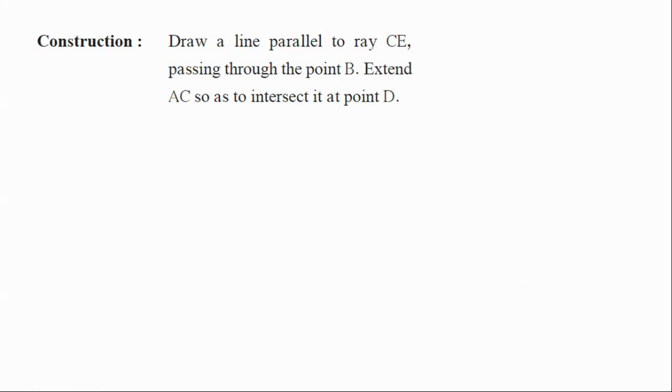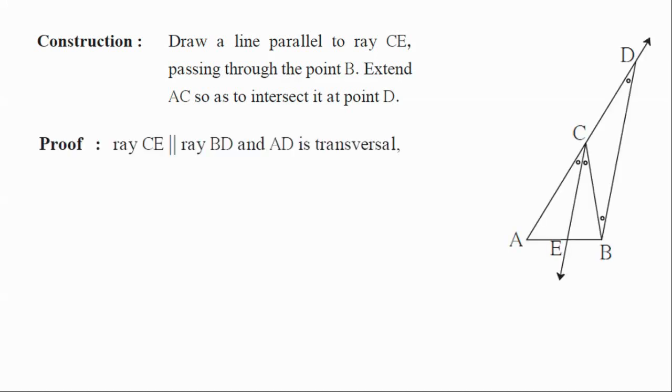Draw a line parallel to CE passing through the point B and extend AC so as to intersect it at point D. For example, in this diagram of triangle ABC, the point D is such that CE is parallel to BD, and with AD as transversal we get angle ACE equal to angle CDB.